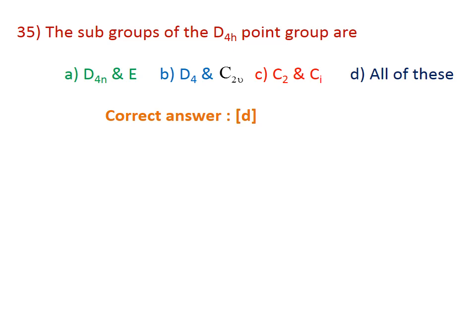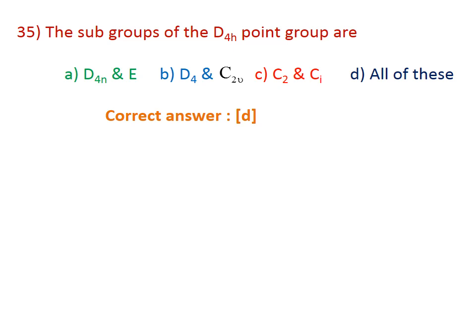The subgroups of the D4h point group are D4, C2v, C4, C2, Ci, D2h, all of these. All of these are subgroups of D4h. One important point is the subgroup must obey the characteristics of a group.